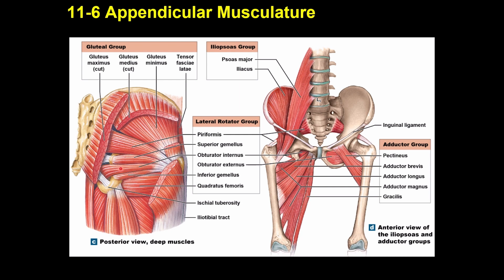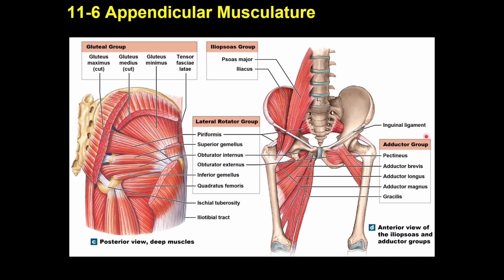You see it from the posterior view, obturator internus, and obturator externus, that you can see from the anterior view. Then you have the quadratus femoris muscle. So all of them cause lateral rotation of the hip.